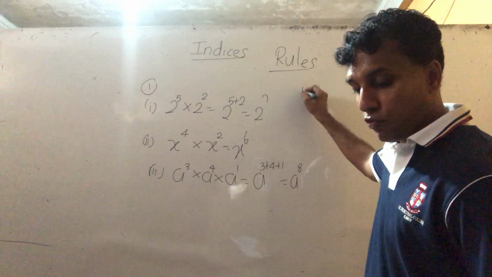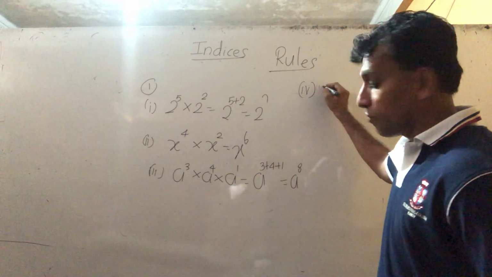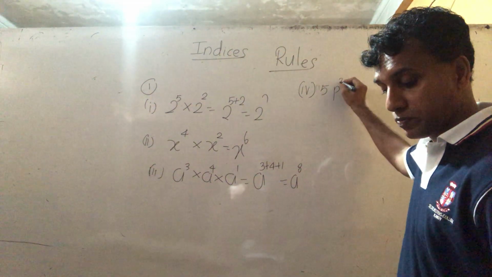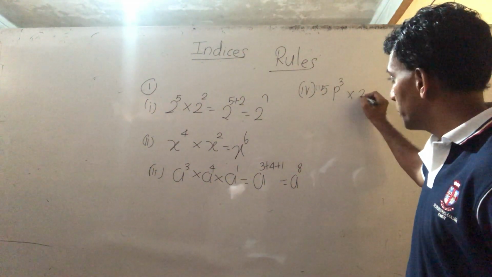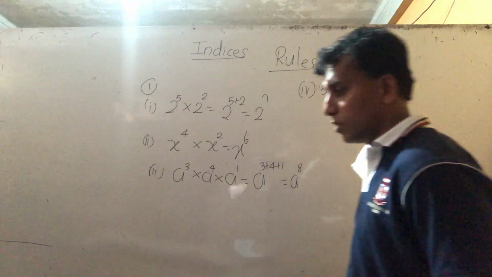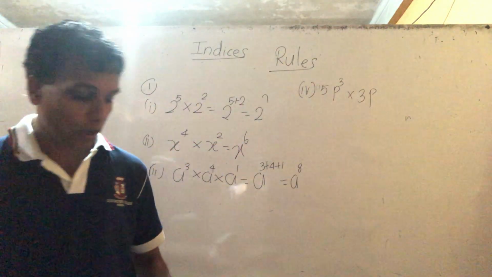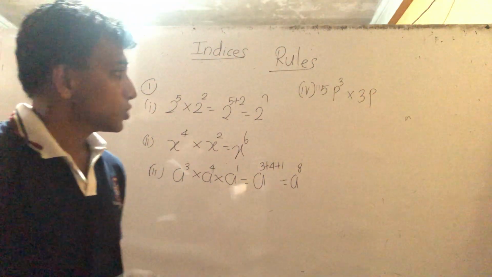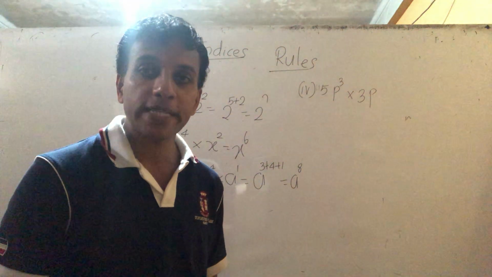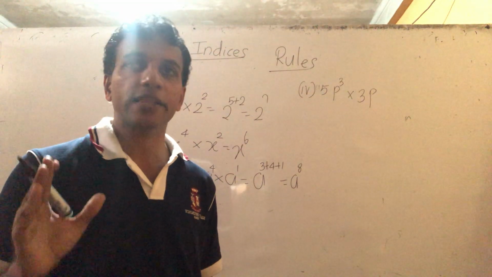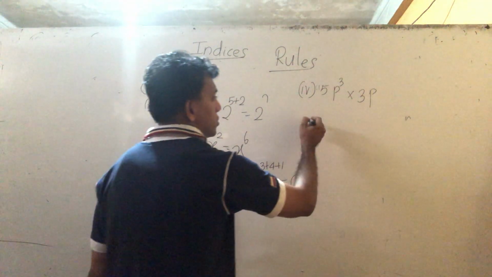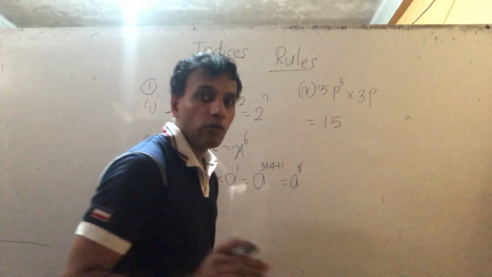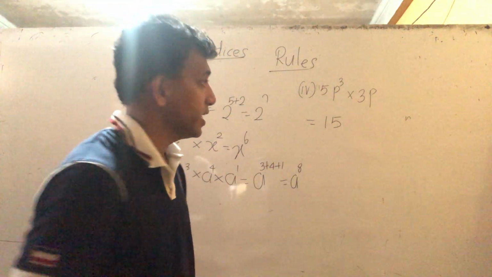Next, question number 4: 5p cubed times 3p. What is the answer? Here there are two numbers, 5 and 3. You multiply them by the ordinary method, 5 times 3 is 15.